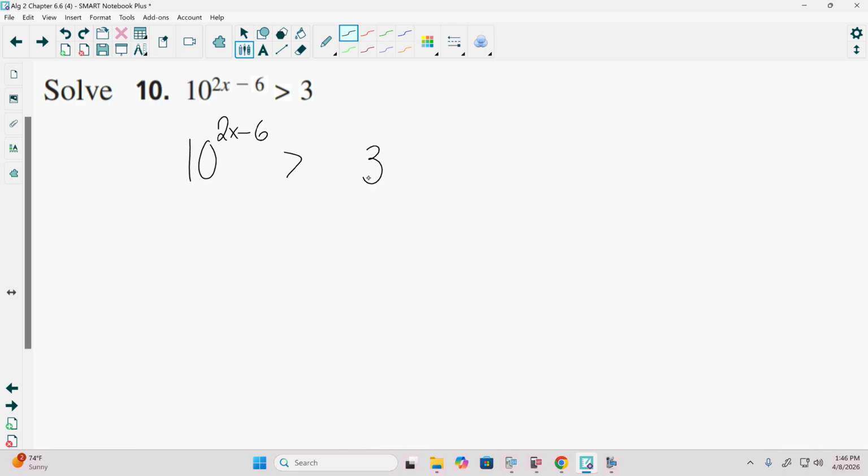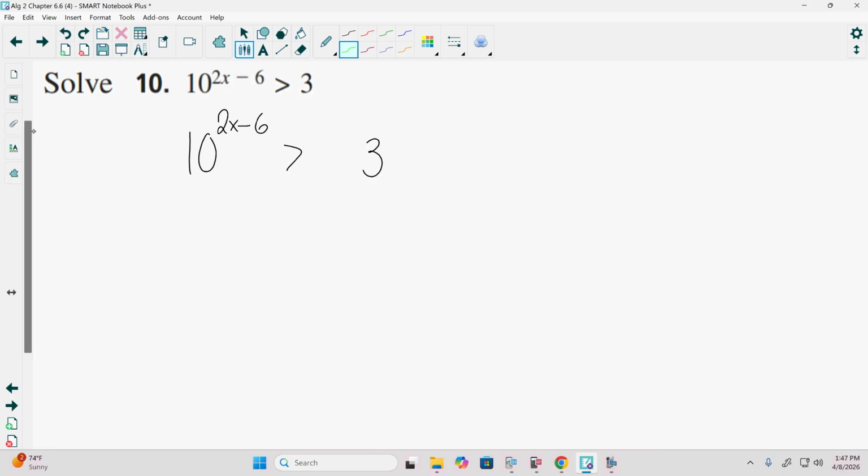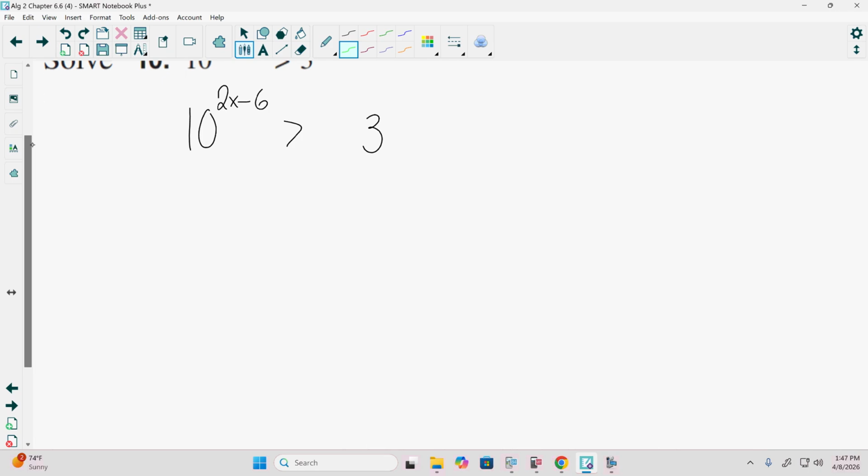But luckily, since it's up in the exponent, we don't have to worry about it at this point. Because if we had 2 times 10, we'd have to divide both sides by 2. If we had plus 3 not in the exponent, we would have to subtract the 3. We have to get that base by itself, like we do in equations. But since we don't have it, we can move straight to applying a log to both sides.